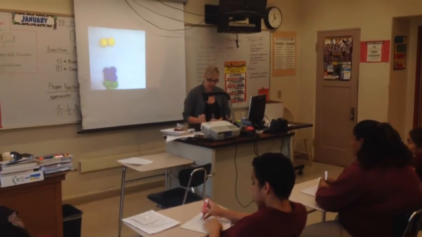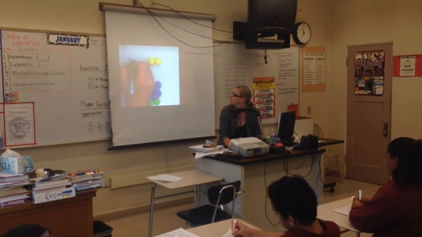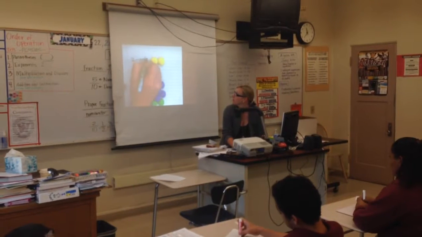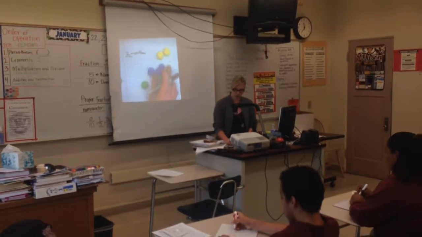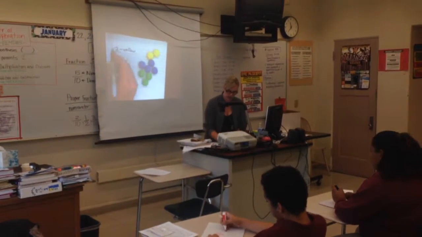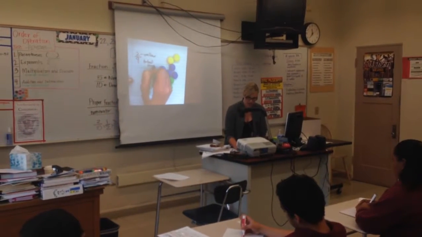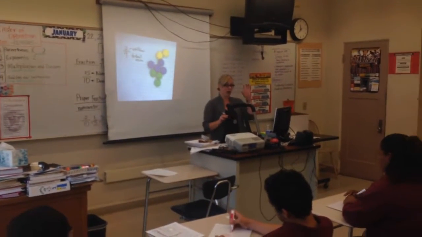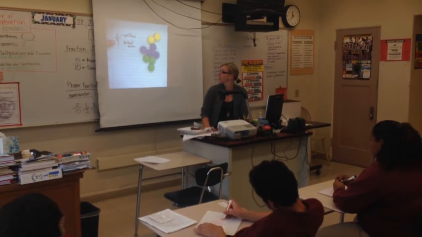So I have 2 yellow over, how many total do I have? Let's see. 1, 2, 3, 4, 5, 6, 7, 8, 9. Over 9 total M&Ms. So it's a proper fraction because my 2 is smaller than my 9, right?